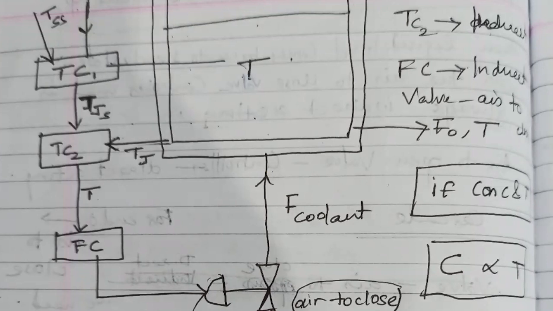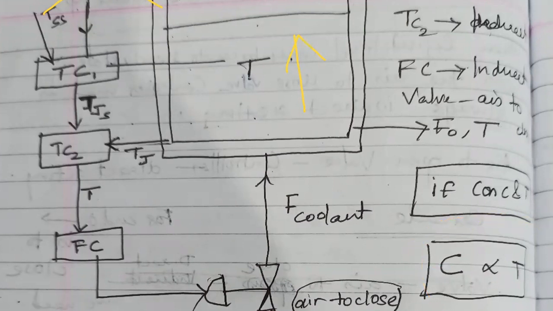Two. Right. So first of all, what is the input to the concentration controller? For example, I'm saying here my temperature is increasing. If my temperature is increasing, what will happen to my concentration? Concentration will increase. So comparing with the set point, it gets an impression that the concentration in the tank is more. So you have to decrease the concentration.